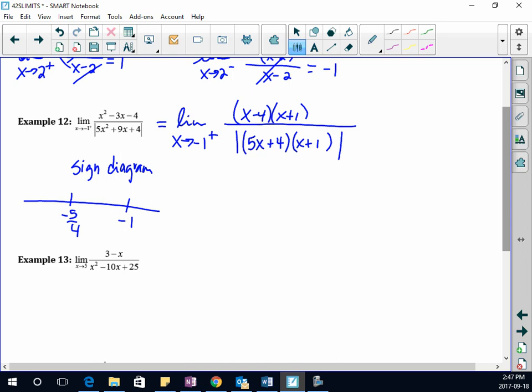So pick something on the left of -5/4. -2. So if you put -2 in here and -2 in here, what do you get? -6. You get a negative times a negative, which is a positive. What's between -5/4 and -1?